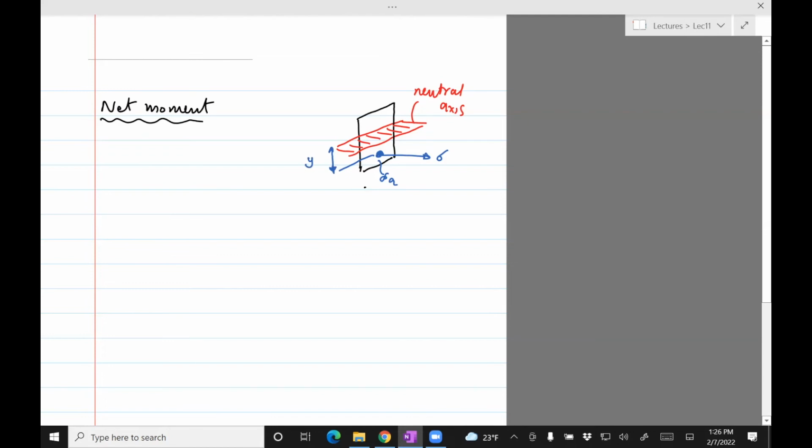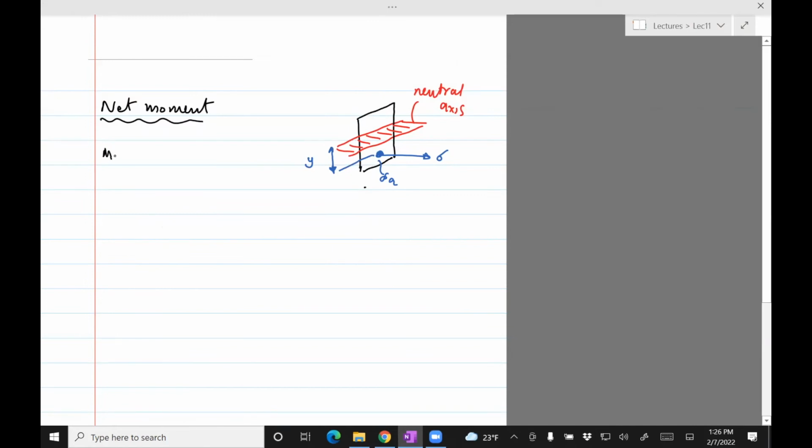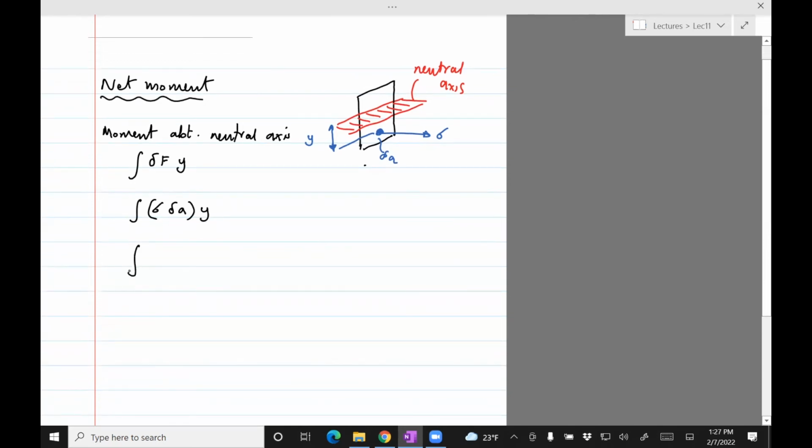Okay, so let's write the moment. And when you're taking the moments here, we'll take the moments about the neutral axis. So that would be integral dF times y, but dF is sigma dA. But then we wrote down an expression for sigma.